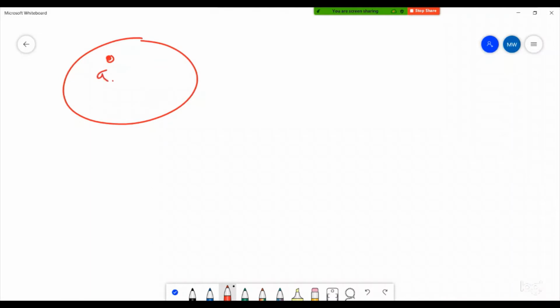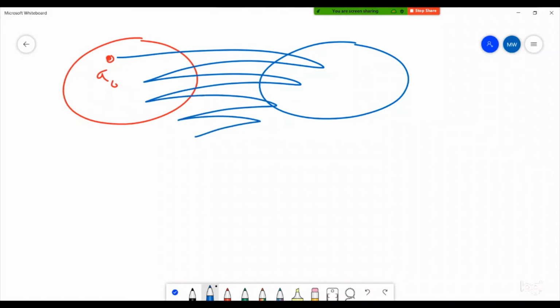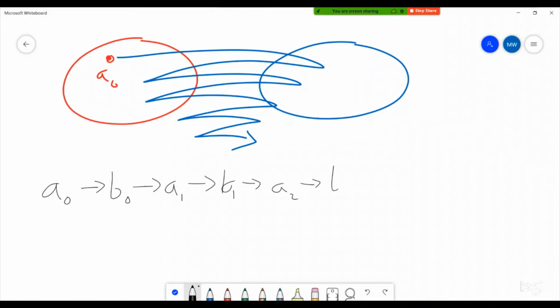So it has some A naught, and then it goes to B, and it's just going to go like this, an infinite chain from then on. So what we can do is list all of the different elements. A0 goes to some element B0, which then goes to some element A1, which then goes to some element B1, goes to A2, goes to B2, goes to A3, and so on.